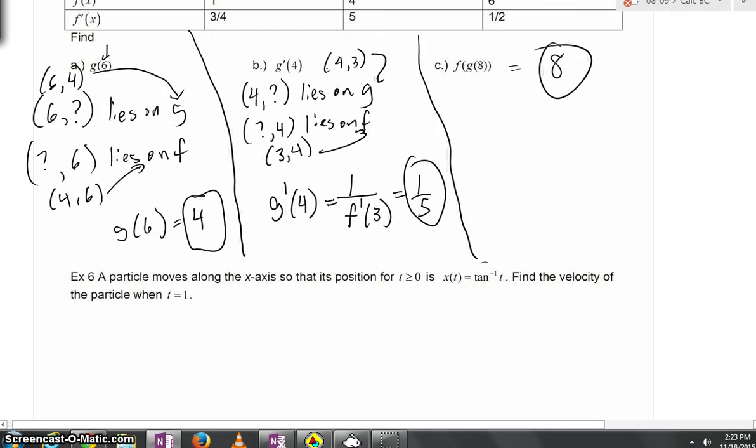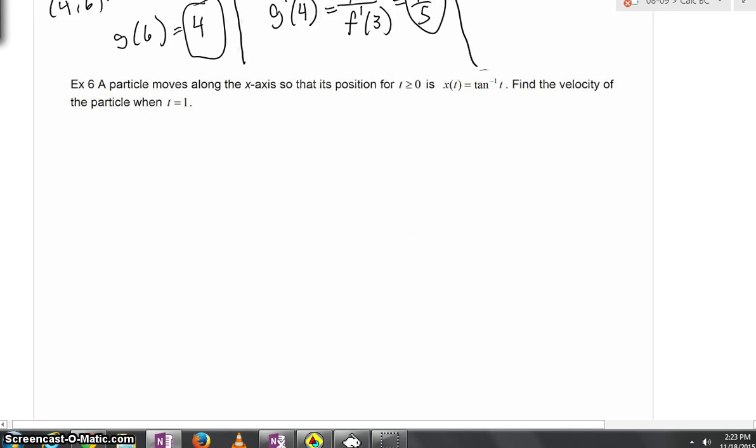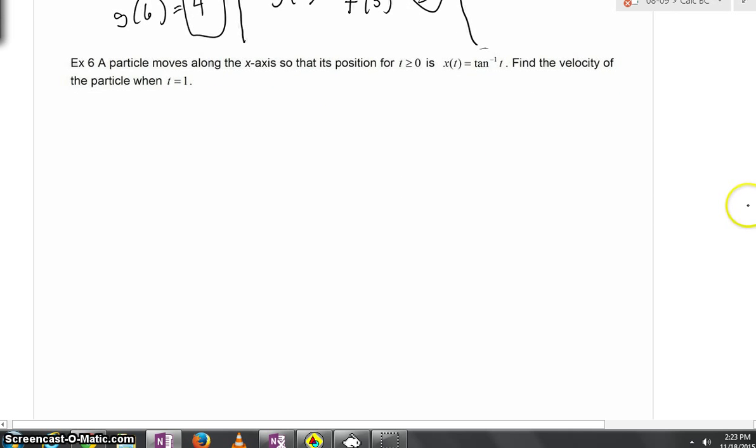One final problem. Let's look at number 6. A particle moves along the x-axis, so its position is given right here. x of t is inverse tangent of t. Find the velocity. Well, immediately, I'm sure kids will say the velocity function is just the derivative of the position function.